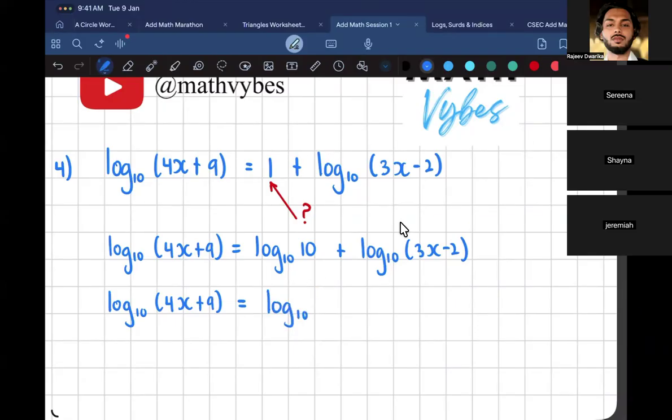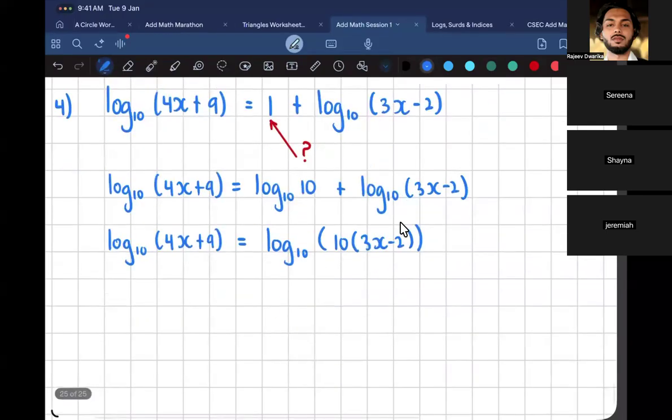Log base 10 of open brackets 10, another open brackets 3x minus 2, close brackets, and then close brackets again. Sheena, make sure I put your brackets right. Tell me if you're lost with anything I did so far. No, sir, not lost. Okay, good. Sheena, I want you to take it from here.